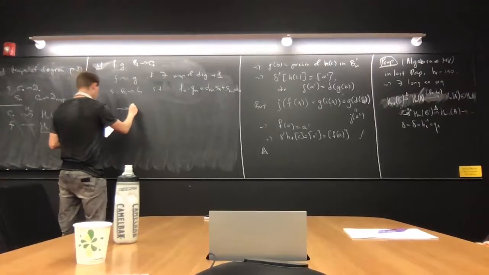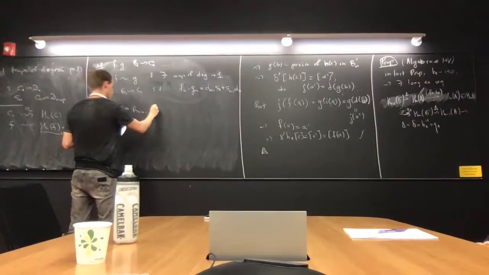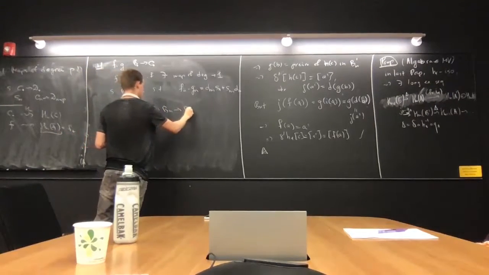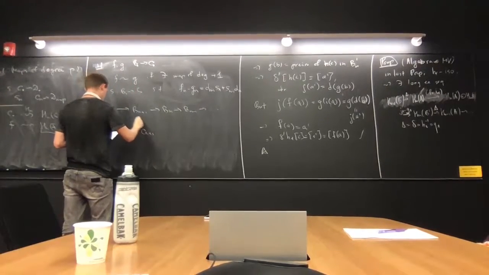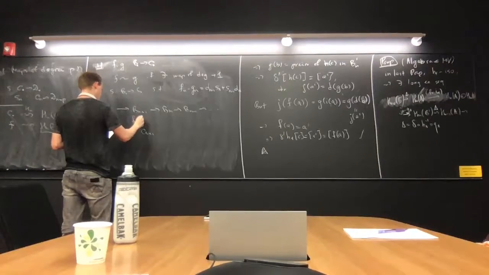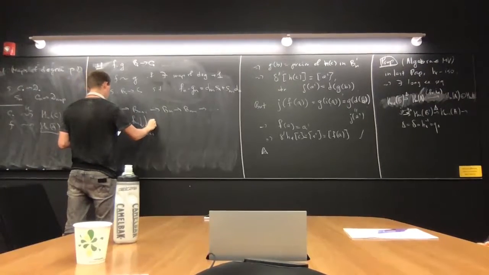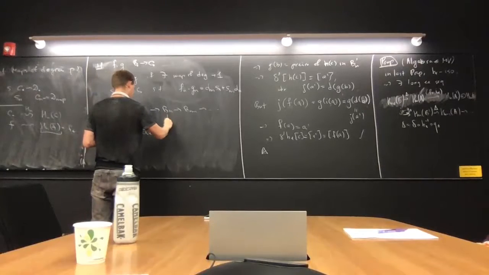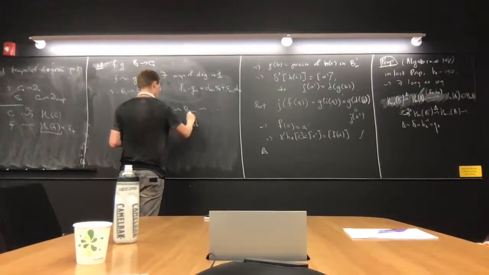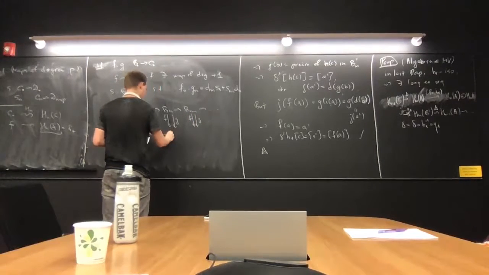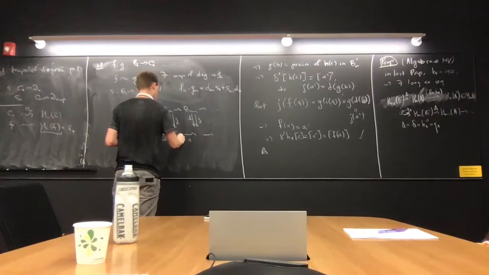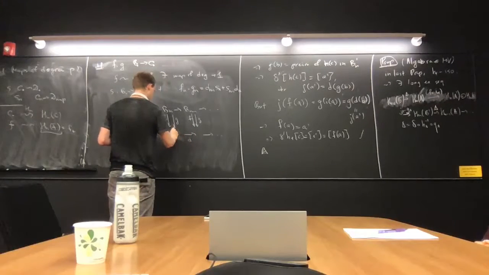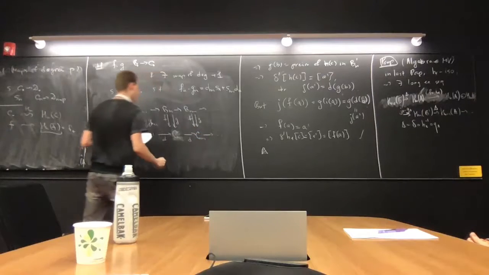So let me draw a diagram that illustrates this. And then C plus 1. We have F and G, D, D, etc. Okay.